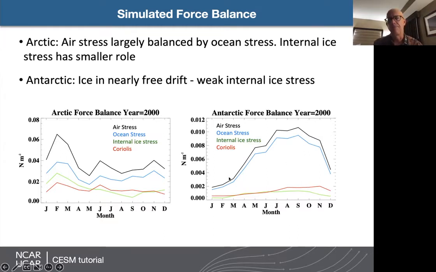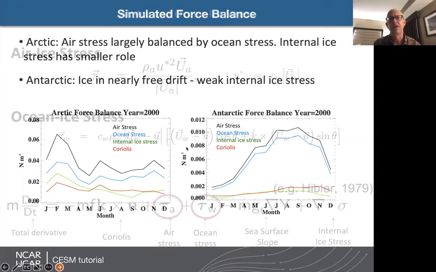So in the Southern Hemisphere, though, it's almost all explained by this balance between the air stress and the ocean stress. And that is because, again, it's unbounded, right? It can just sort of go and go and go. And there's not much internal stress going on in that sea ice. And it's a regime that we often refer to as a free drift simulation.